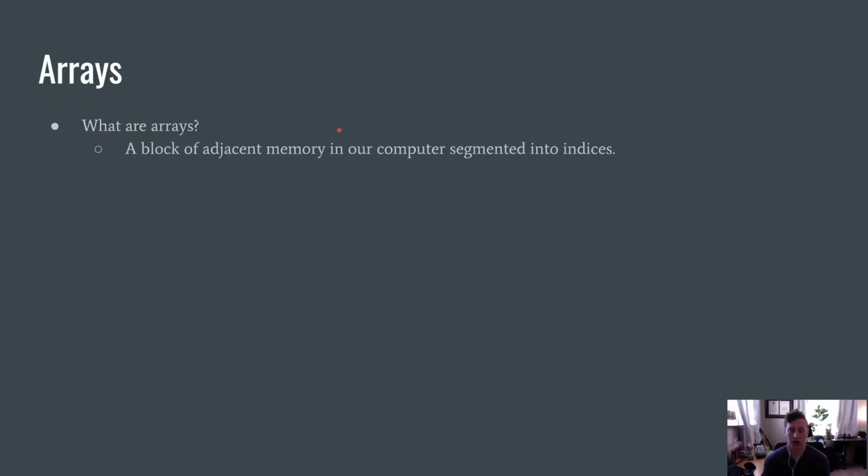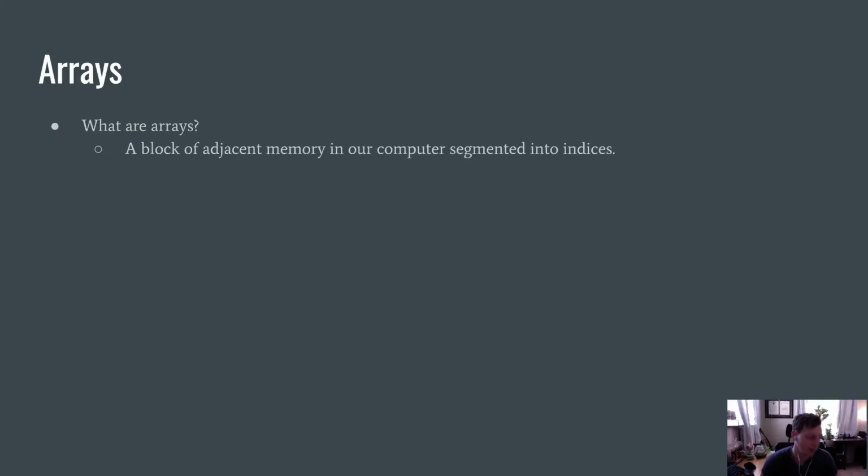So on a base level, arrays are actually blocks of adjacent memory in our computer, and they're segmented into indices. Every element in an array is actually adjacent in memory to its adjacent indices in the array, right?